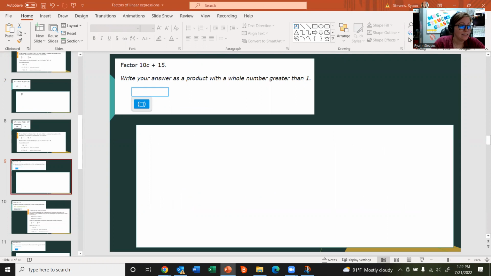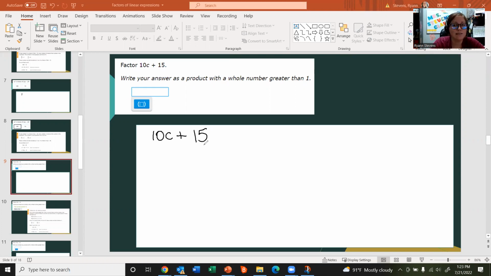In this case, what you want to do is write it as a product, but you want to find a whole number that is greater than 1 that is a common factor of both 10 and 15. So I'm going to rewrite this down here, 10c plus 15. We want to think of a number greater than 1 that can be divided into both 10 and 15.